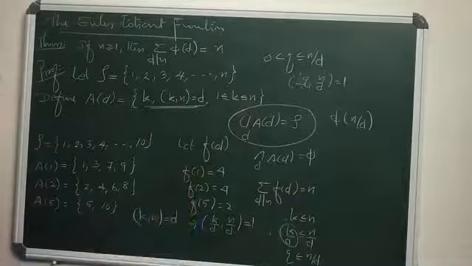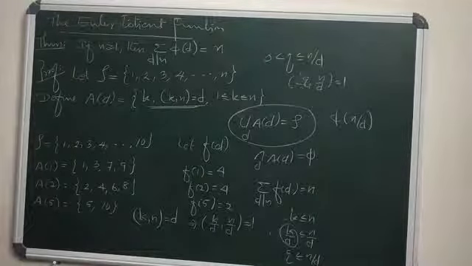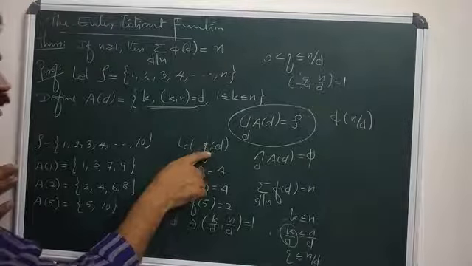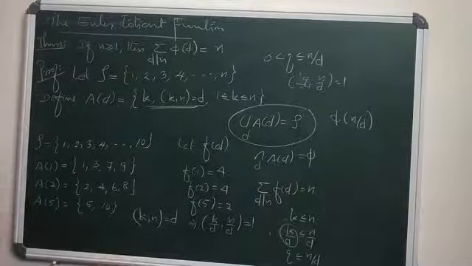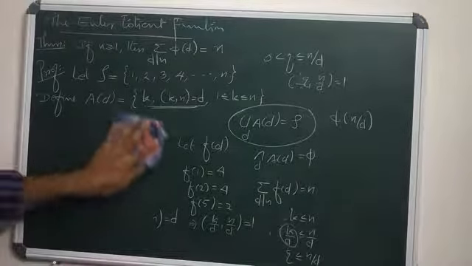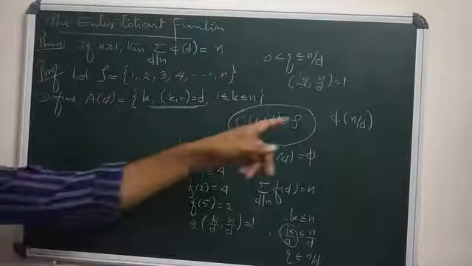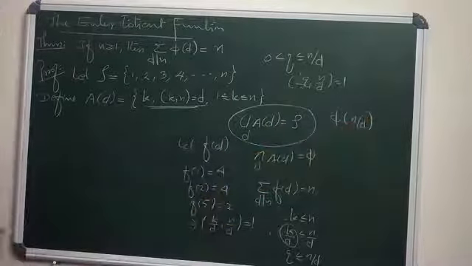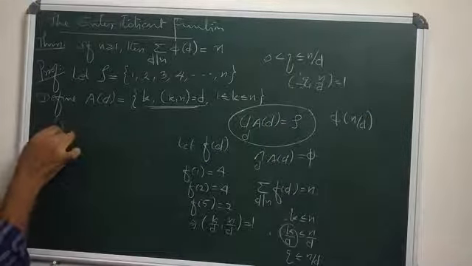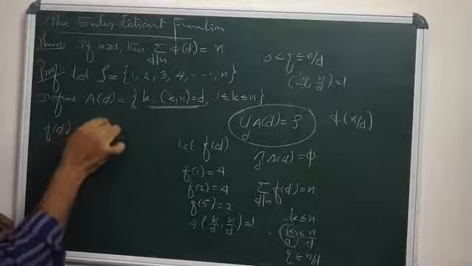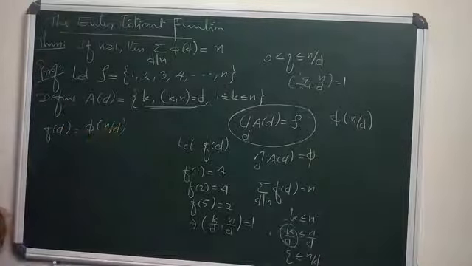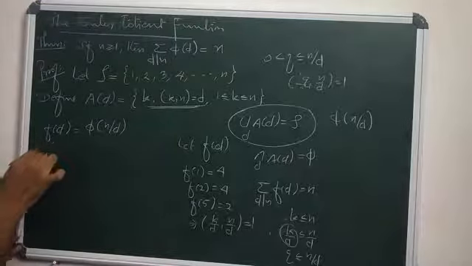So it is phi(n/d). Okay. So what is f(d)? We define f(d) to be the number of elements in A(d). But here the number of such elements is phi(n/d). Therefore f(d) equals phi(n/d).